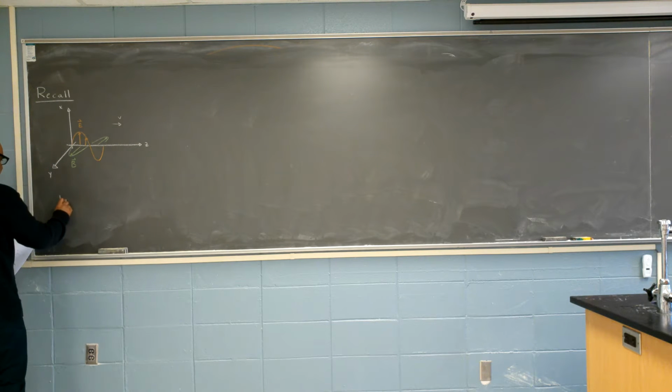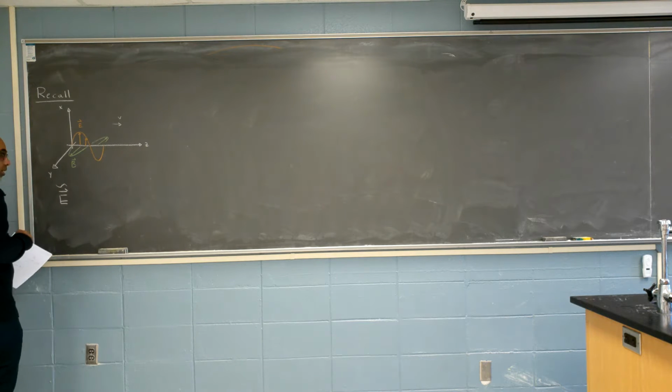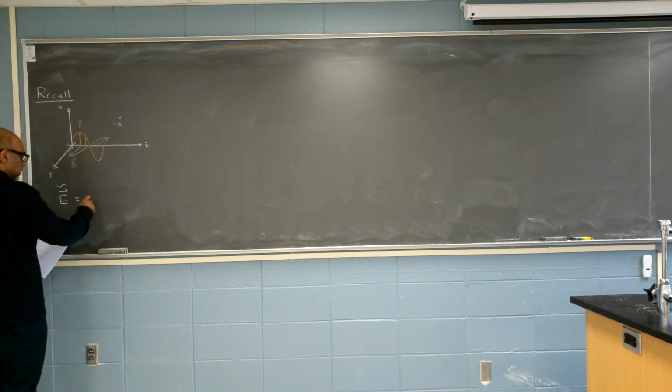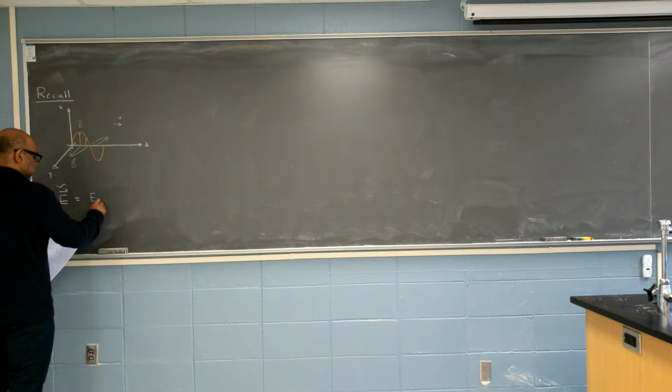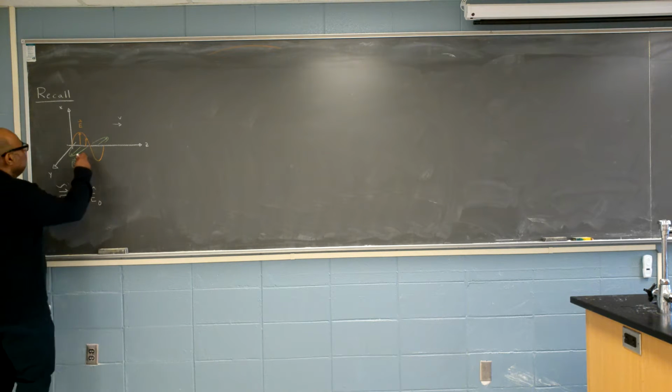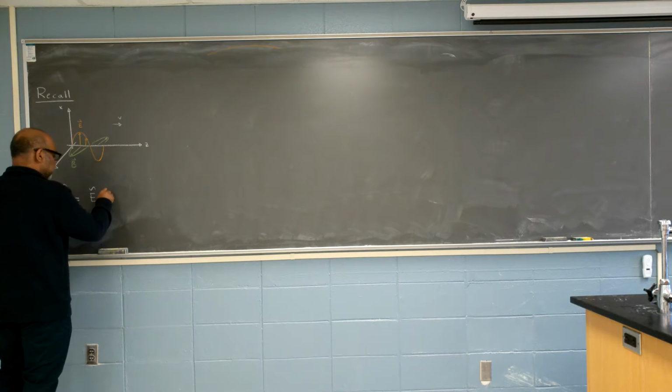So let me write this. This is again written as a complex electric field. And the only thing that makes it complex is this initial thing, so that we don't have a phase appearing in the exponential. And this is in the x hat direction.